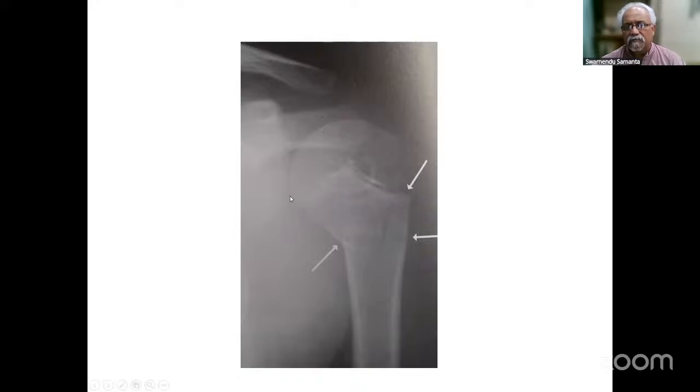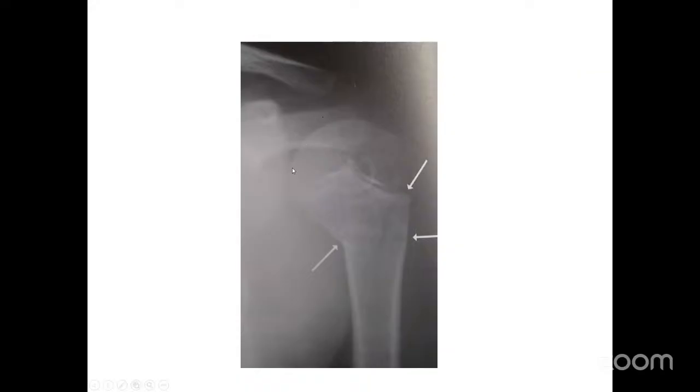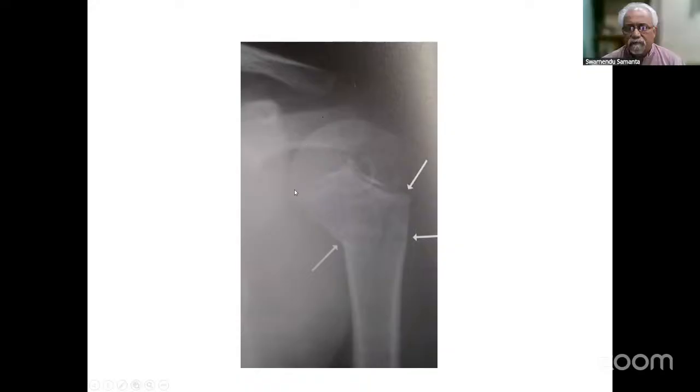It is because the scapula is 30-degree oblique, so the beam has to be 30-degree oblique so that you find clear space between the glenoid and the humeral head. That is the true AP view of the shoulder joint. Then there is no true lateral view of the shoulder. The lateral X-ray that you take is the scapular Y view.